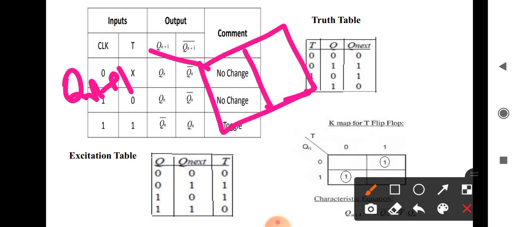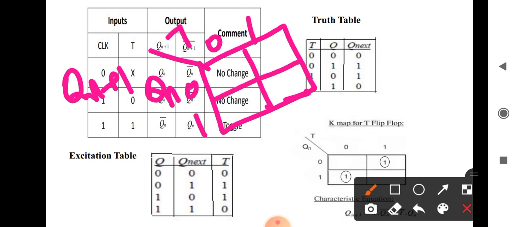For that we need Qn here and T here, 0 1 0 1. For 0 0 it is 0 here. For 0 1 it is 1 here.